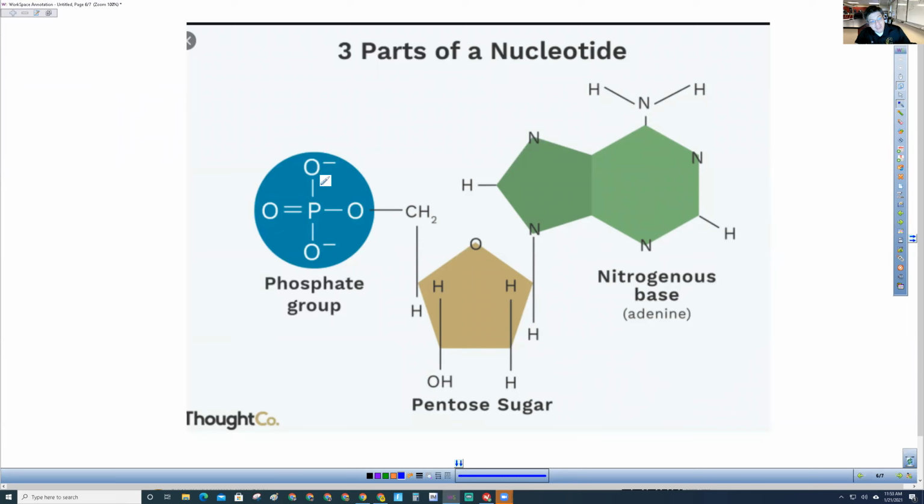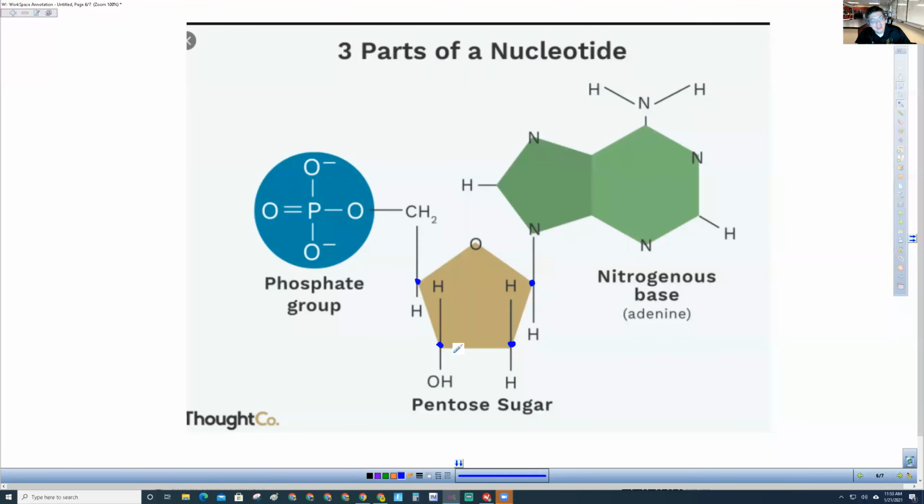All right. This is the phosphate group. It's made out of 4 oxygen atoms, a phosphorus atom, and then this guy is connected to a carbon atom. So this carbon atom is connected to this thing right here that's not shown, and then that one's connected to this, and then this one's connected to here, and then this is connected to here, forming the ring.